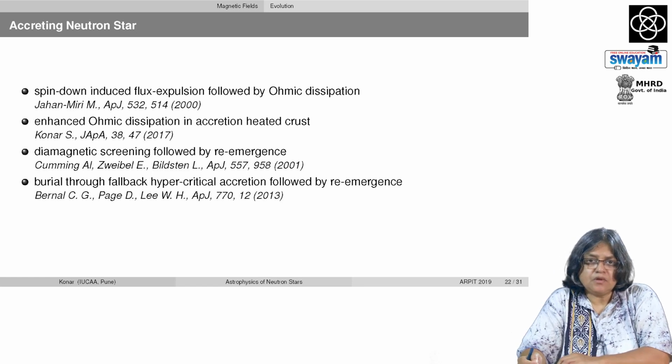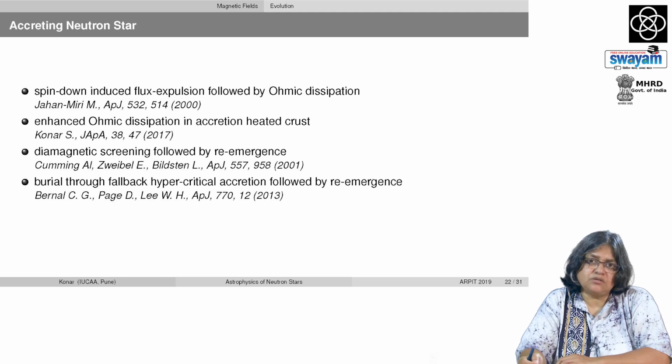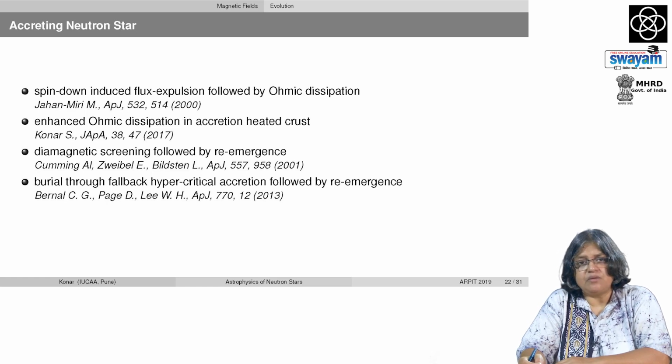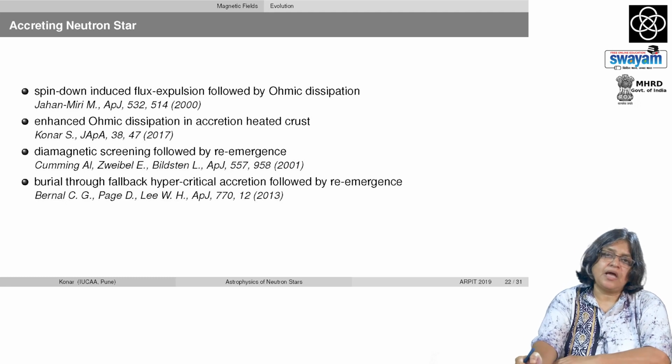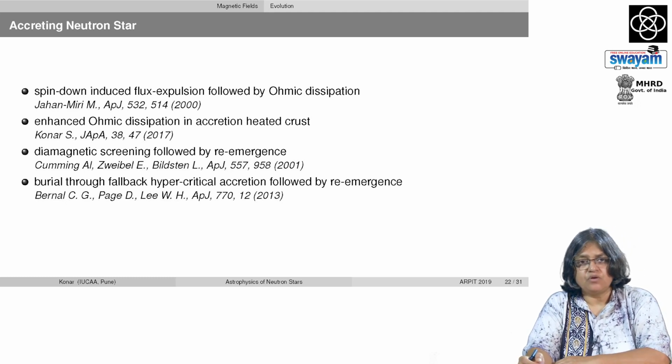The newly observed neutron stars of the class central compact object or CCO are objects which are sitting at the center of supernovae, but they are not acting as pulsars. The conjecture is because of such hypercritical accretion, their magnetic field has been buried. Over time, this field would re-emerge, and when that happens, they would function as normal radio pulsars.